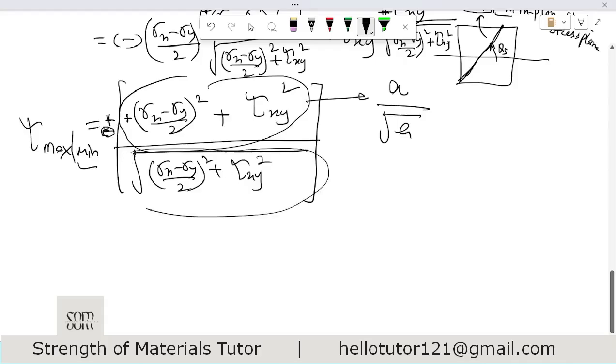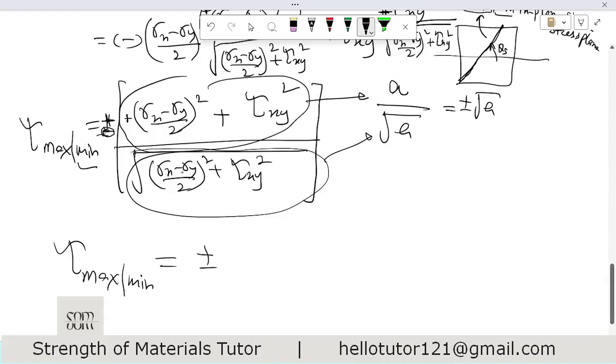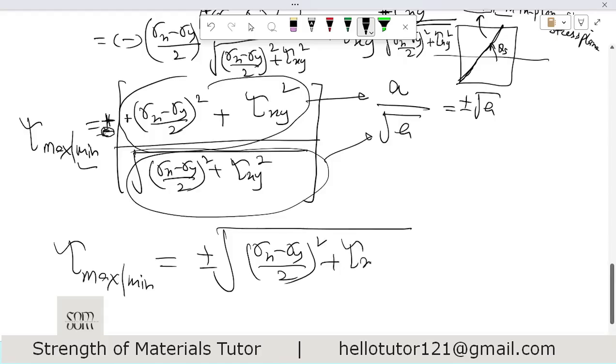So we know from mathematics, a divided by square root of a is square root of a, and this plus or minus is outside, right. So tau max or min is going to be plus minus square root of a, which is square root of sigma x minus sigma y divided by 2 whole square plus tau xy whole square, right.